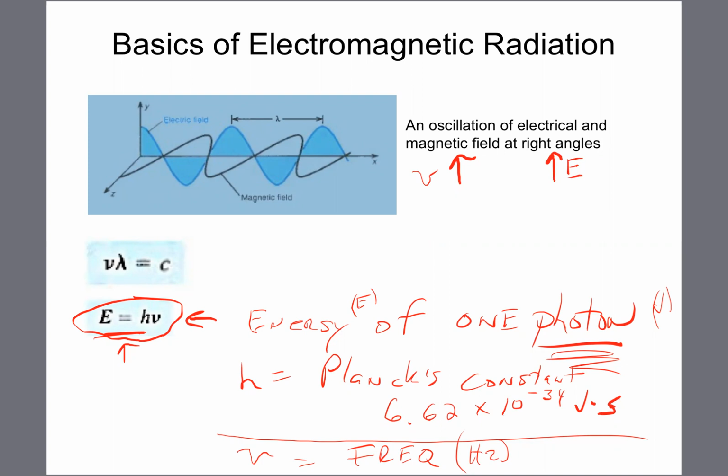As the funny looking v, frequency, goes up, energy increases. But on the other hand, if our wavelength goes up, by virtue of this equation, doesn't that mean our frequency gets smaller? So as wavelength increases, energy decreases, inversely proportional.